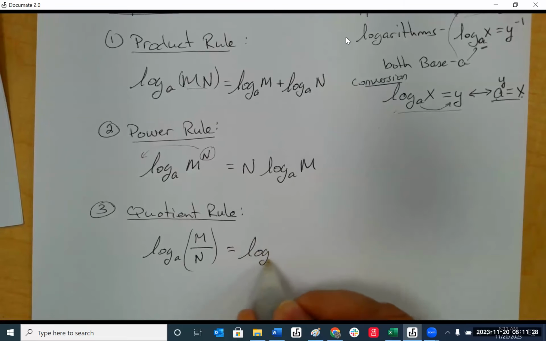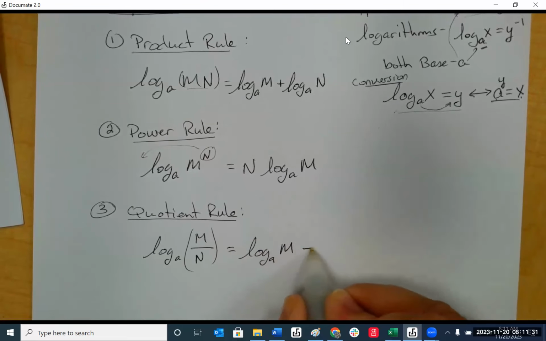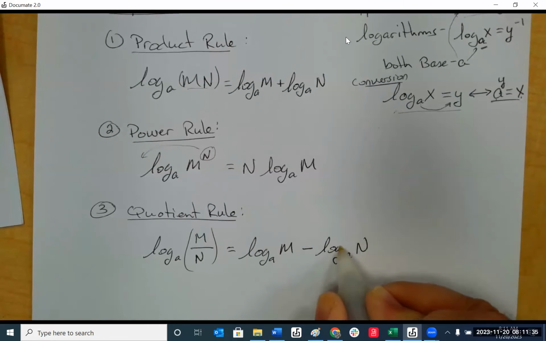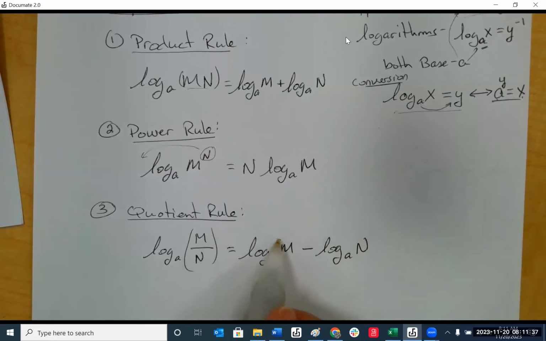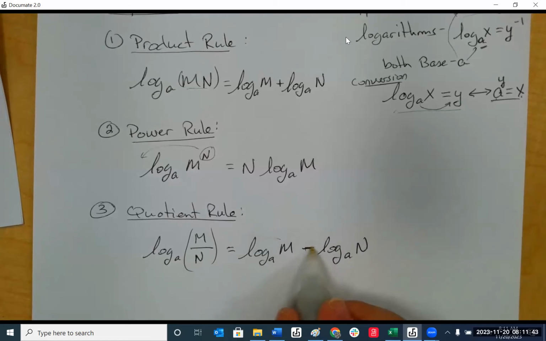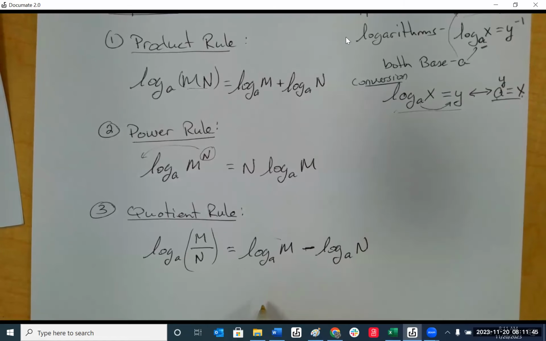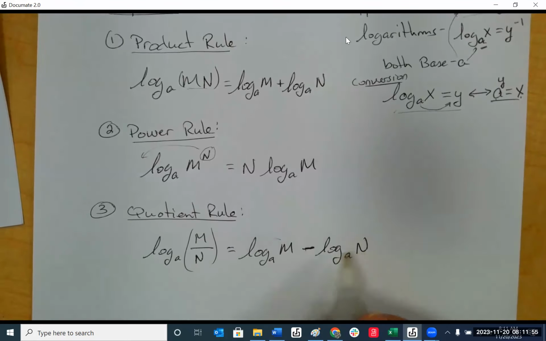So this becomes subtraction. Whatever's on top goes first, whatever's on the bottom goes second. More importantly, whatever's on the bottom will have a negative coefficient in front of it. If there's a positive coefficient in front of the log, then it's on top, or there's no fraction. But if there's a negative in front of it, then you know it's a fraction.